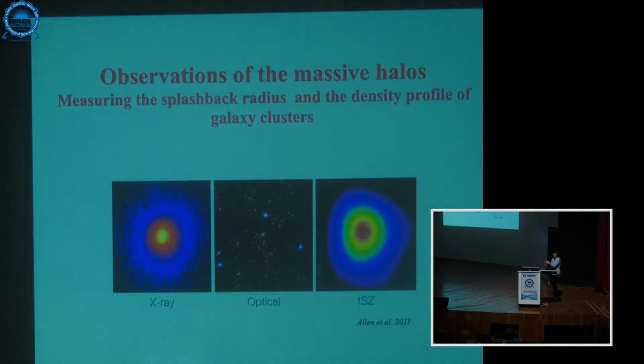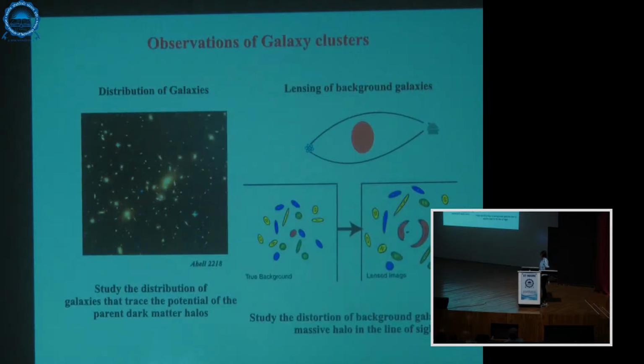So I won't go into the details of all of that, but one of the things I want to cover is the observations of this feature in actual galaxy clusters, work that has been really exciting to me, to actually go out and measure this. In galaxy clusters, which are the most massive objects, we observe them in the distribution of galaxies.